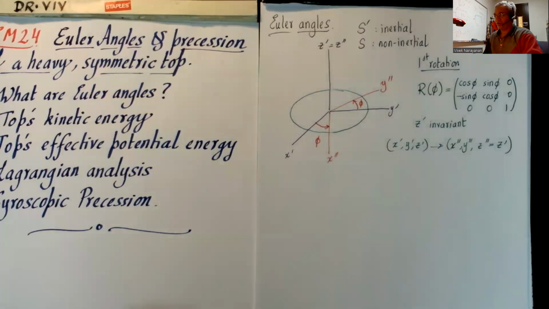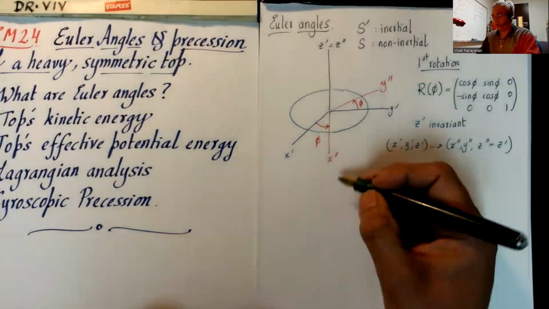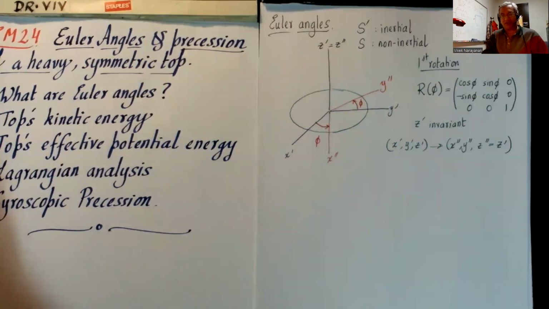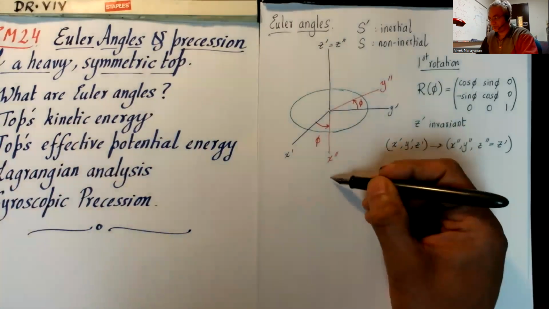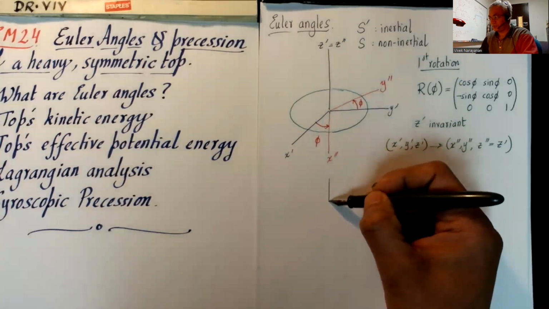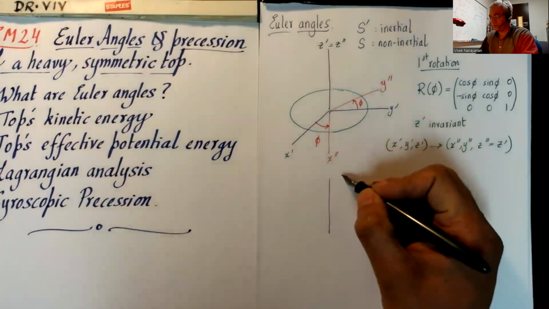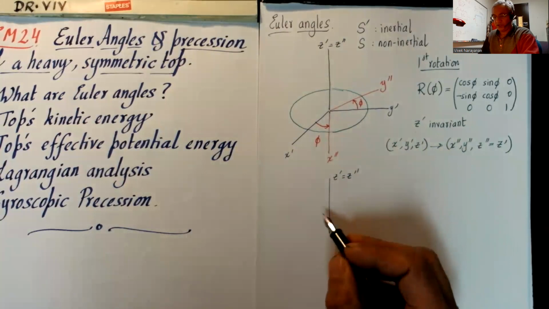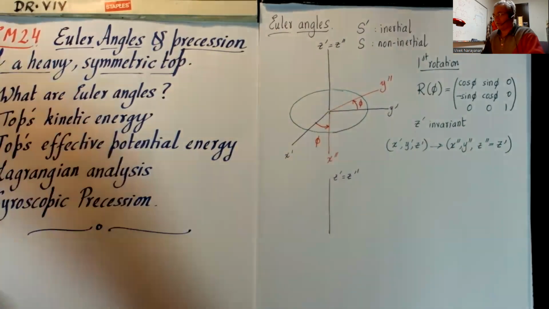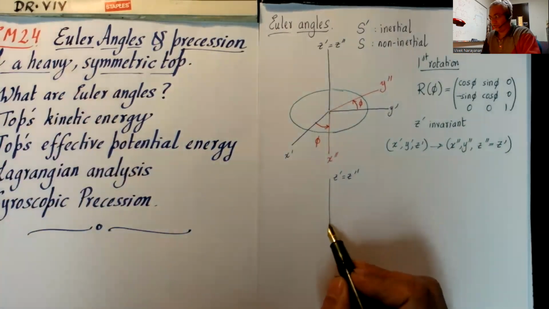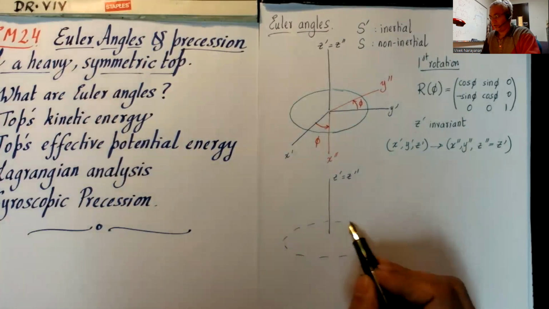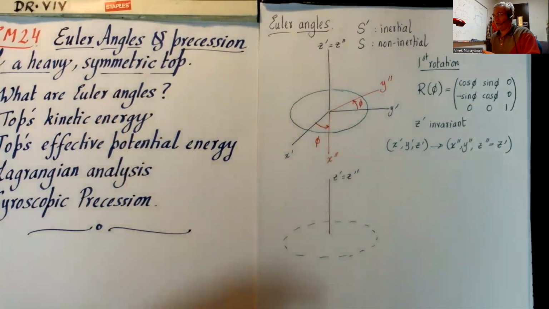So I'm going to draw a separate diagram so you can appreciate the process better. The original disk I will now draw as a ghost disk. It's still there, but I'm not that fixated on it anymore.